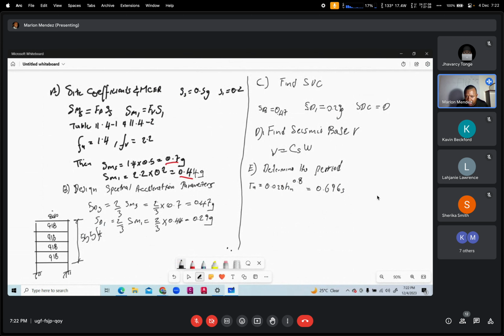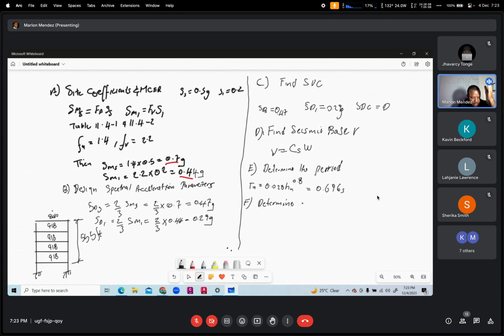So after you have gotten that as a fundamental period, what you want to determine now is the seismic response coefficient.